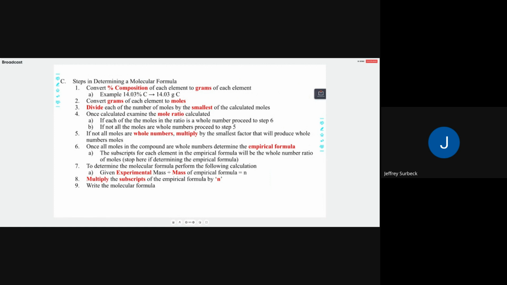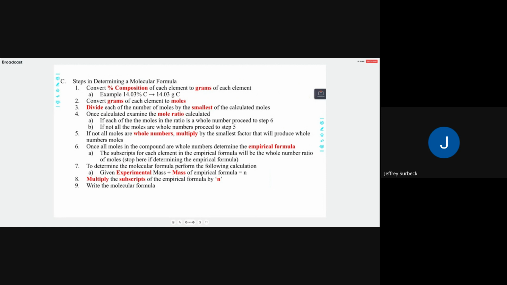Then we take the grams and we go to moles of each individual element. Once we're into the number of moles, step 3 is a little bit weird. We look at the number of moles and we ask ourselves, okay, which of these numbers is the smallest? We divide every single one of those moles by that smallest number. Okay?